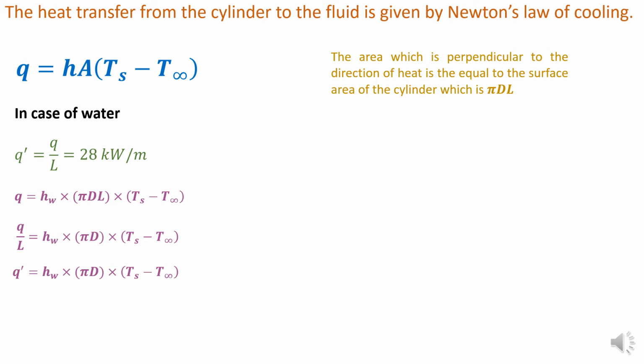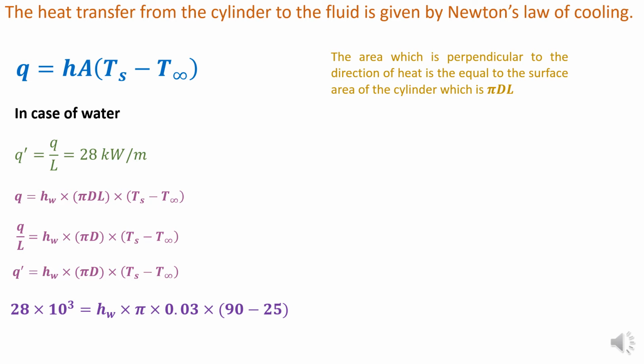In case of water, Q dash is 28 kilowatt per meter, D is 30 millimeter, Ts is 90 degree centigrade, and T infinity is 25 degree centigrade.